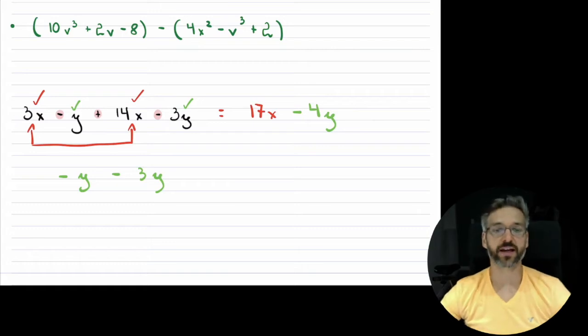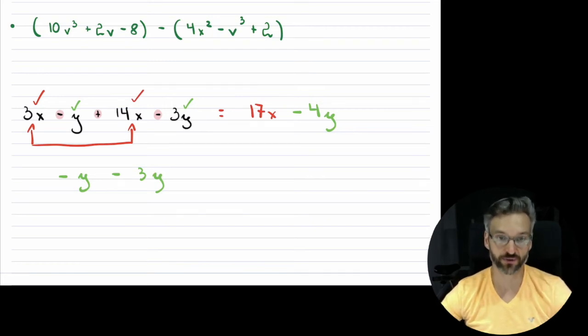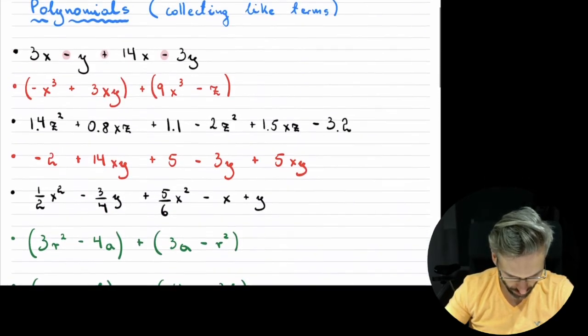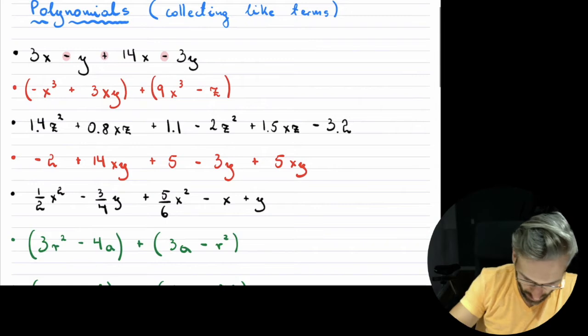And that would be the collection of like terms. Now, this is a binomial because it has two terms. This is as far as we can take it because we have no idea what x or y is. If we knew, then obviously we could solve the whole thing and find out what our answer is, but we do not know. So that's the first example of collecting like terms with a polynomial. Here is a second one.